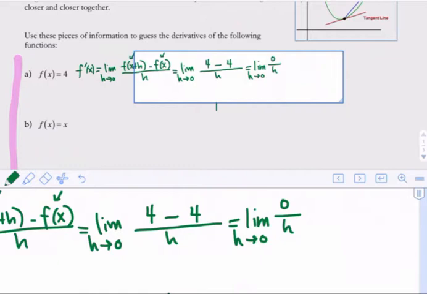This is not a situation where the top is getting closer to 0 and the bottom is getting closer to 0. This is a situation where the top is already 0 and the bottom is not yet 0. That's actually quite different. So I'll say that again: the top is already 0 and the bottom is getting closer to 0.